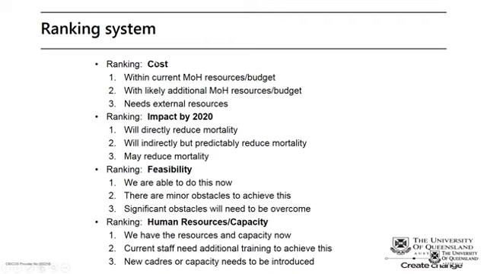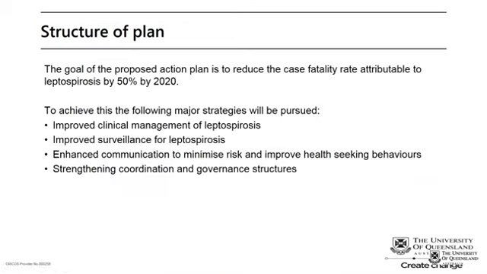So this is why we came up with a ranking system for the different solutions that were raised by the workshop group, and they were things about cost. So did it need extra funding? Was it actually more likely to have an impact or less likely? Were we looking at how feasible it is? You know, what are the obstacles? And also, do we have the actual human capacity to put these things forward?